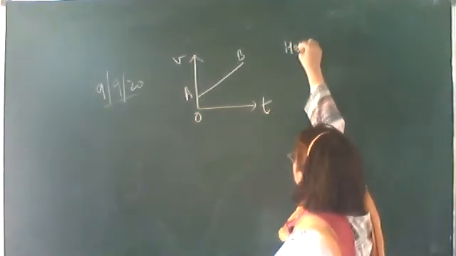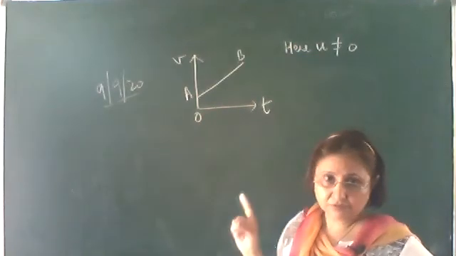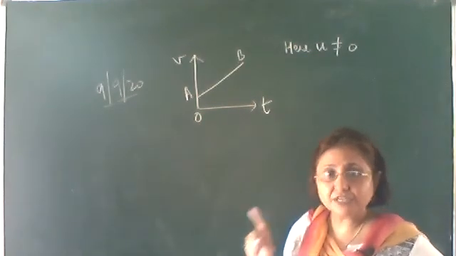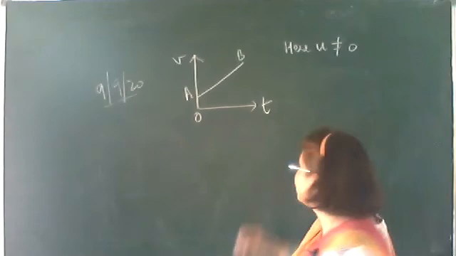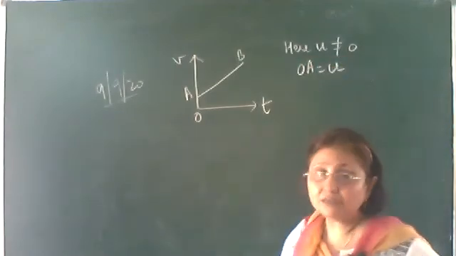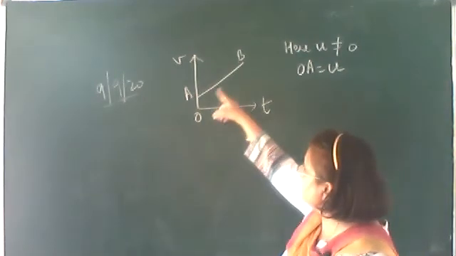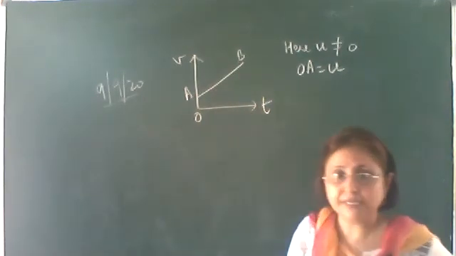Here initial velocity is not equal to 0, so the OA part is representing the initial velocity. So AB is the line for uniformly accelerated motion.